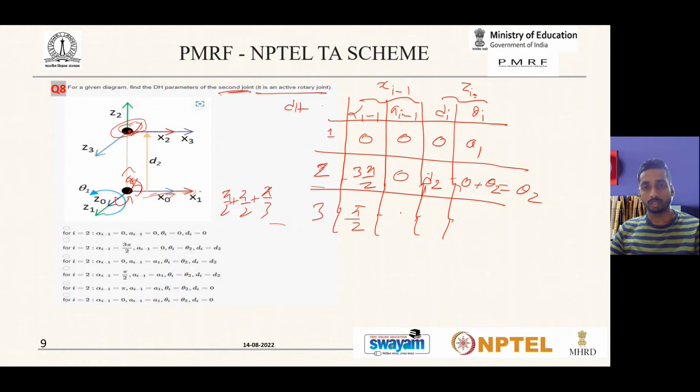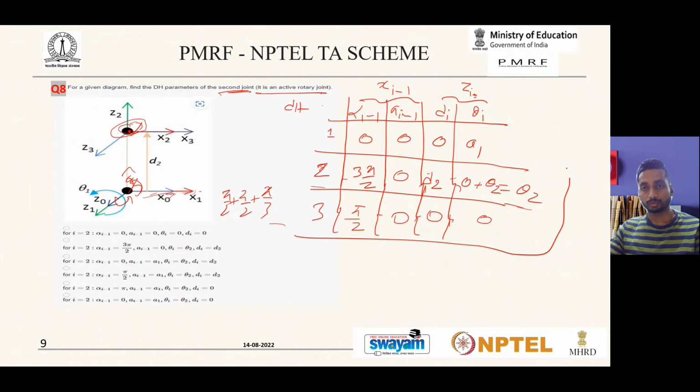There is no distance here, so this is 0. Then d3, the distance between X2 and X3 along Z3. As these are coinciding, this is also 0. And there is also no rotation, because we have already taken it here, so this is also 0.